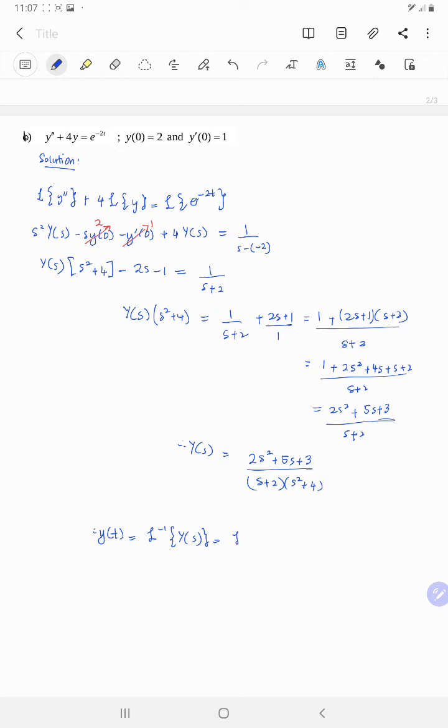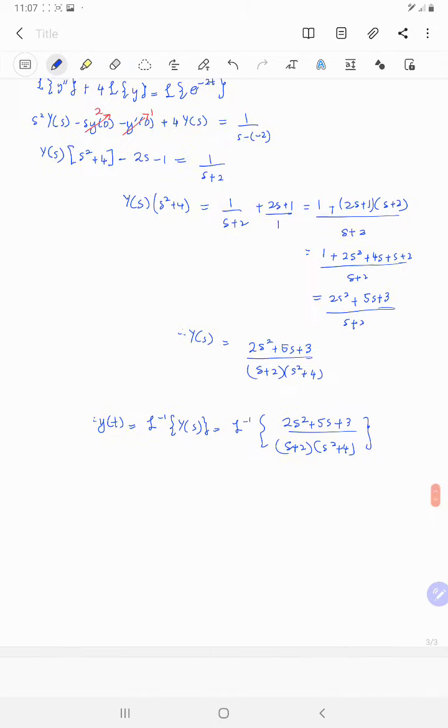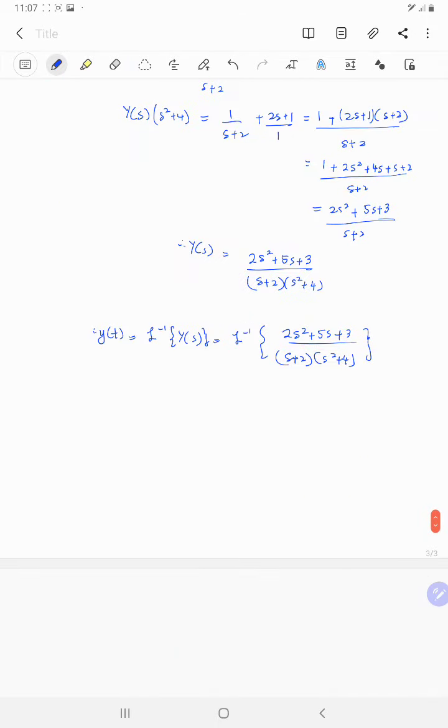So that means we must find the inverse of this whole function, 2s squared plus 5s plus 3 over (s plus 2)(s squared plus 4).